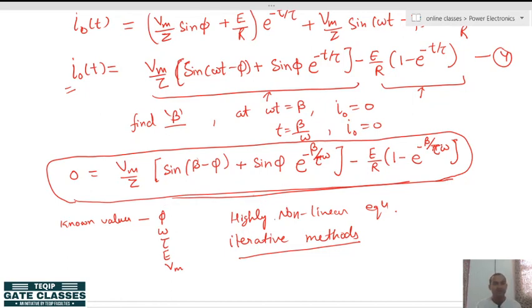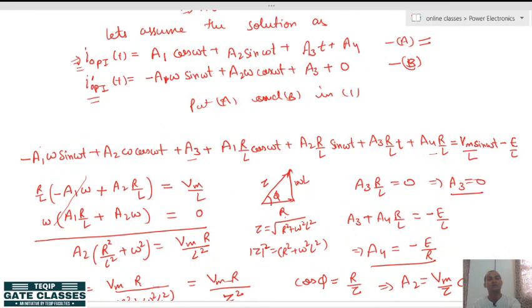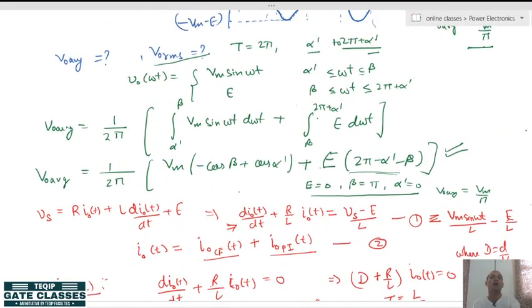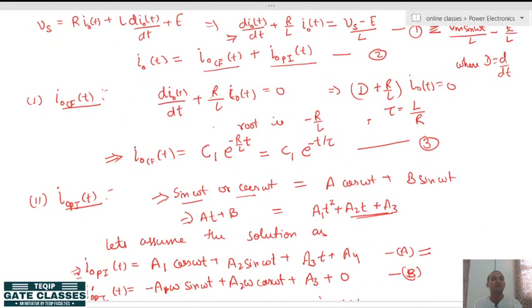The analysis which I have done here for the RLE type load is equally applicable for the RL type load also. In that case, E will become 0.